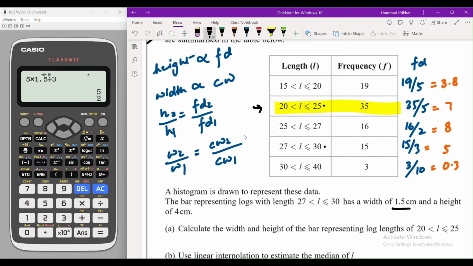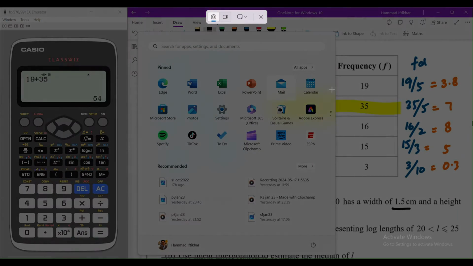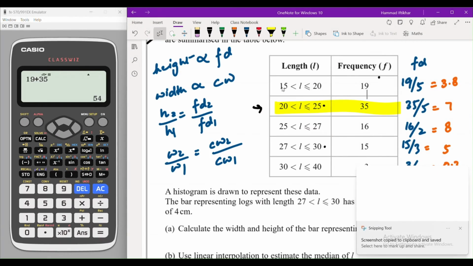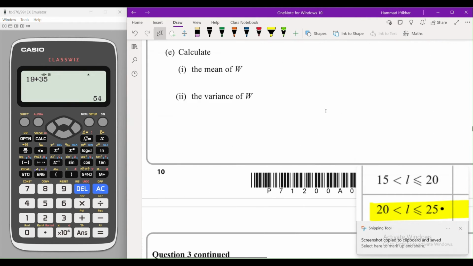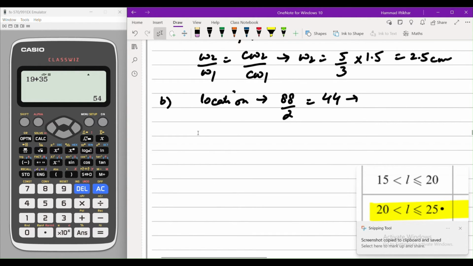So this is going to be in this one, because 19 plus 35, that is 54. So we're looking for this. Right, so if I just take a screenshot of this, I can paste it below so I don't have to scroll up and down for this.